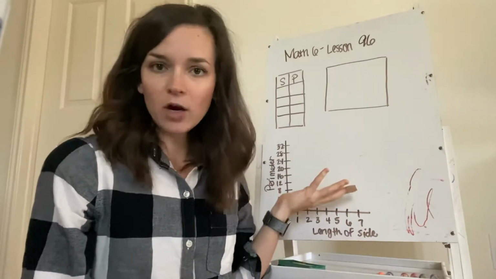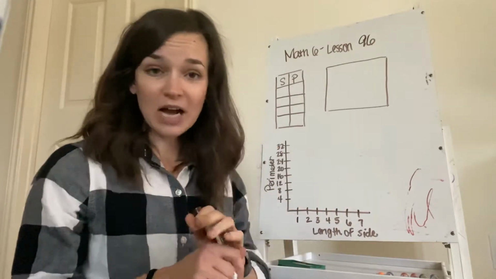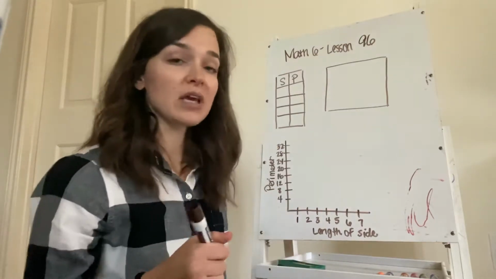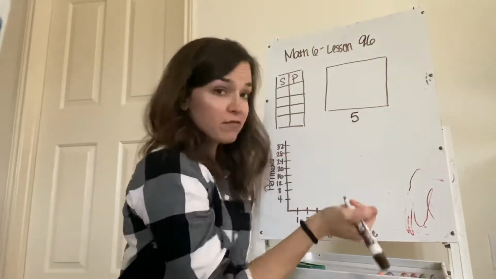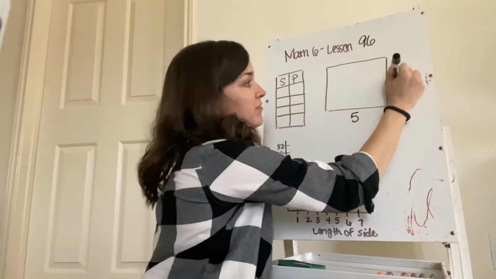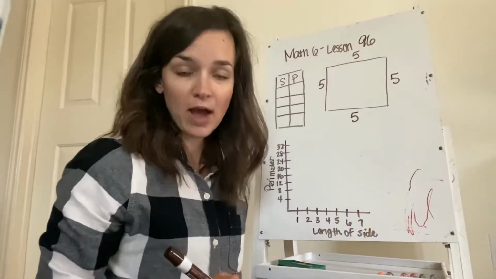What do we know about a square? We know that a square has 4 sides, and each of those sides is the same. So for example, if this side is 5, then all the other sides would have to be 5 because they are all the same length, okay?